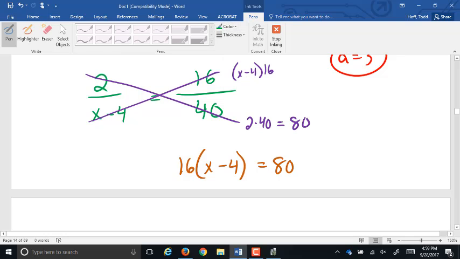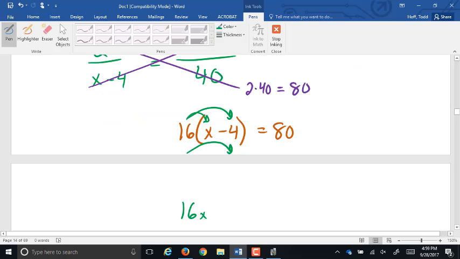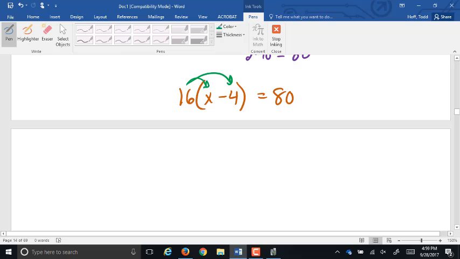And now I can do 16 times x is 16x. And the 16 times negative 4 is negative 64. Yep. Equals 80.